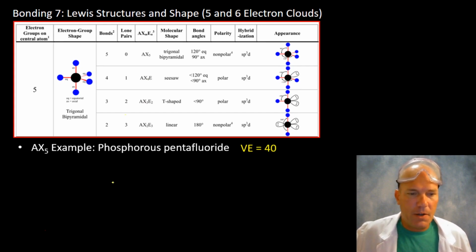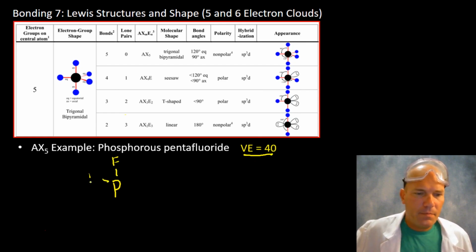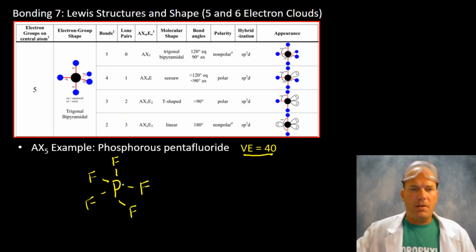skeletal structure here. So phosphorus, and this number will indicate the total number of valence electrons. Pentafluorine. So we're going to have a total of 5 coming off here.